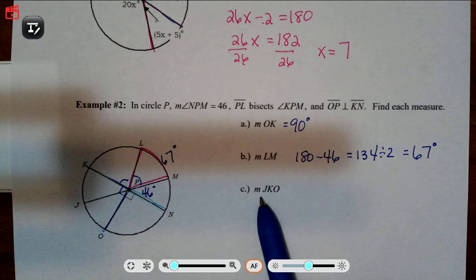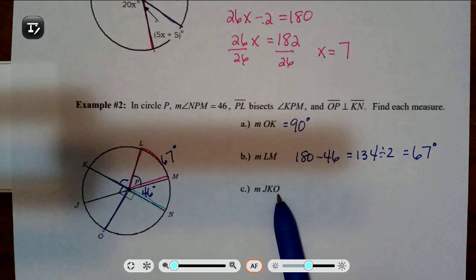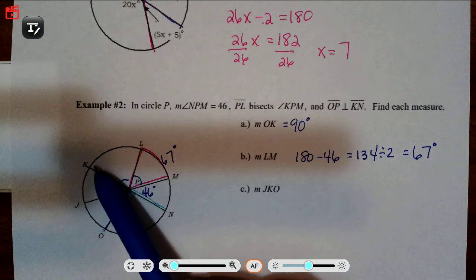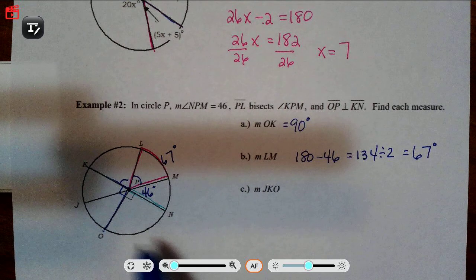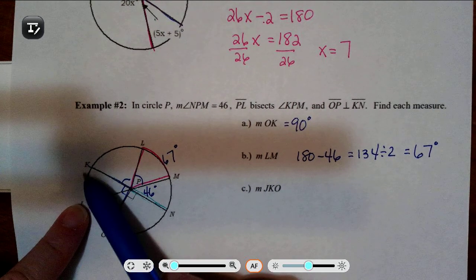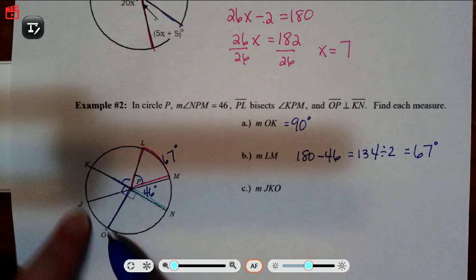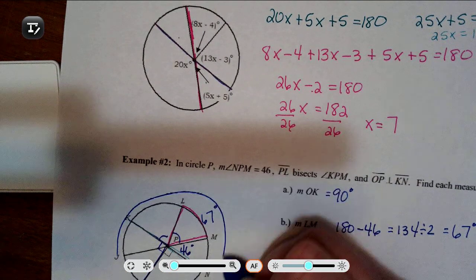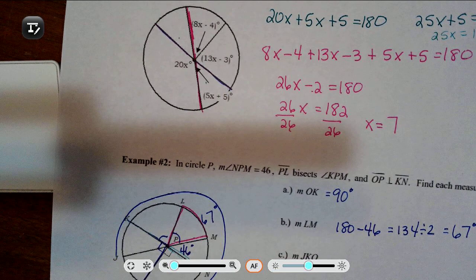And then the last one I have is JKO. So I'm starting at J. I'm going through K, and I'm ending up at O. So I'm starting here, coming all the way around and coming to here.